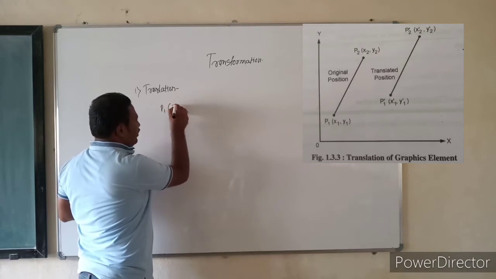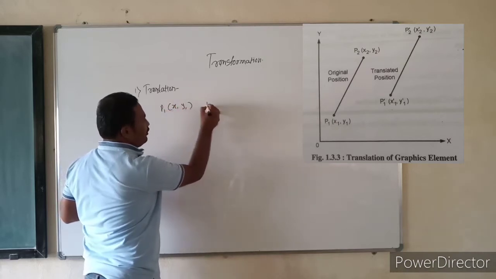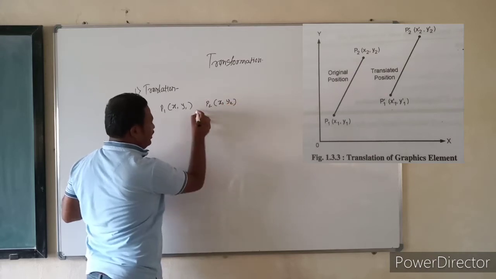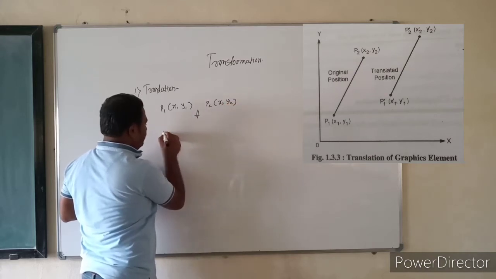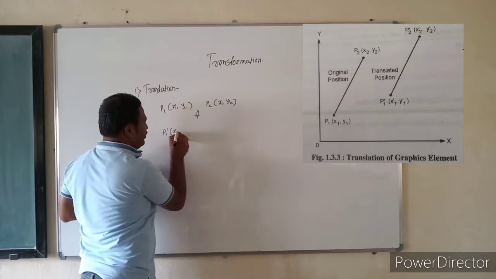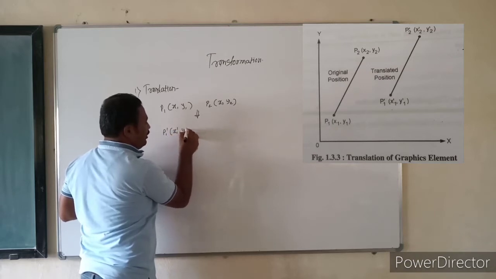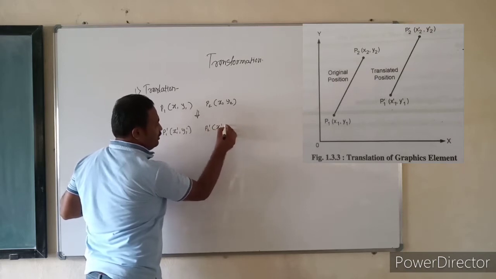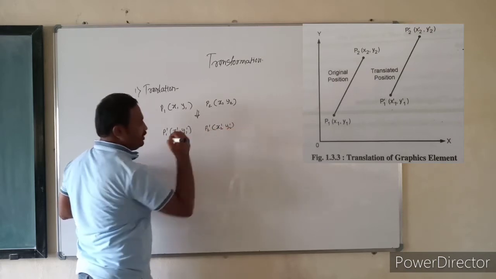Point P1 is x1, y1 and P2 is x2, y2. They are translated to new locations: P1 dash is x1 dash, y1 dash, and P2 dash is x2 dash, y2 dash.